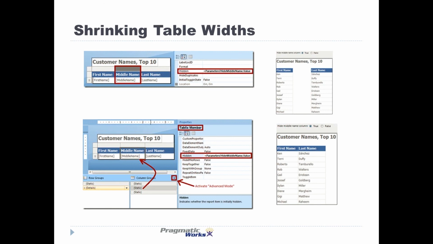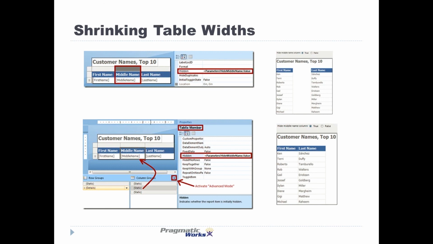So those static groups correspond, left to right, to the top to bottom display that you see in the column groups. So the middle one is selected for middle name. On the right, you see the Tablix member properties being displayed there. Mental note for all of you: this also means you have to activate that little corner tab to activate the advanced mode to see this information.